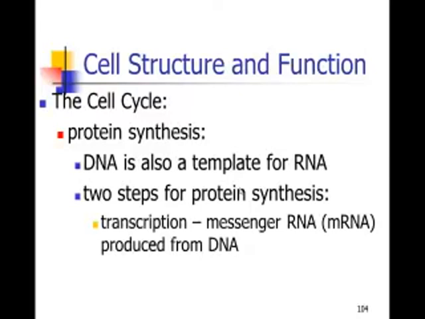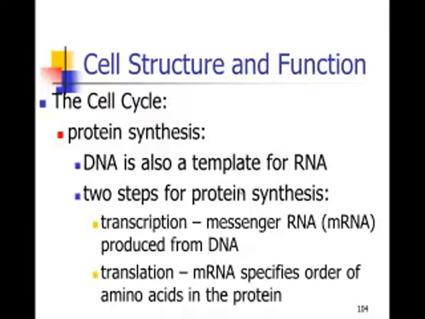Transcription occurs when messenger RNA forms from the original DNA molecules. And this messenger RNA will have a code. It's called a codon, or direction for a group of amino acids being joined together. Translation is when the messenger RNA specifies the order for those amino acids, and you end up with a protein molecule.